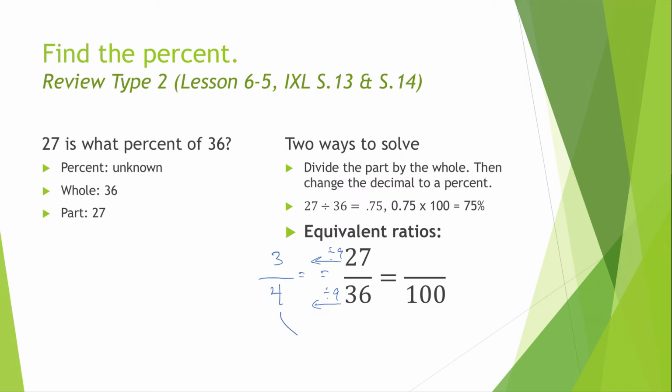I know I can get from 4 to 100 pretty easily. 4 times 25 is 100. So then I would just multiply this 3 by 25, and that would give me 75. So that still gives me the 75% answer that I was looking for. So again, you can try scaling down to scale back up again. So this is still a review of last week, 6.5, but using equivalent ratios instead. Just make sure you know how to set up the problem. You know that the percent was the thing that was missing. So that's what was blank, but everything else was filled in.